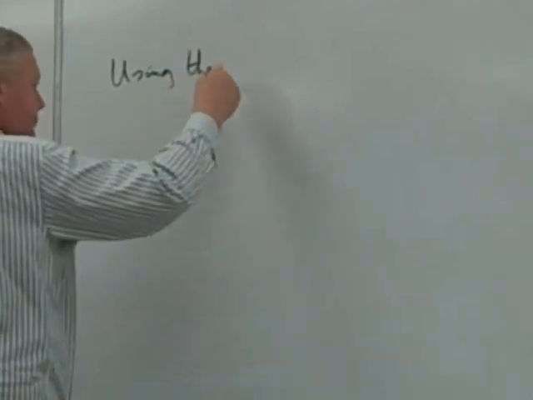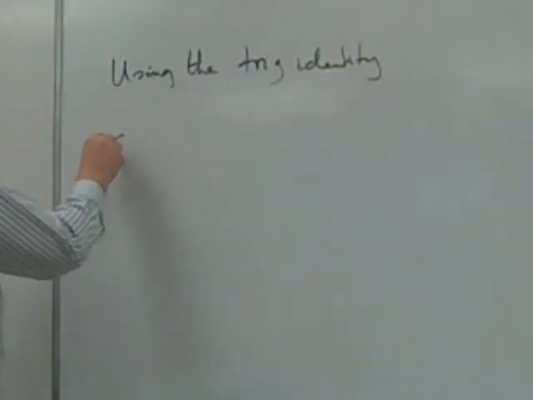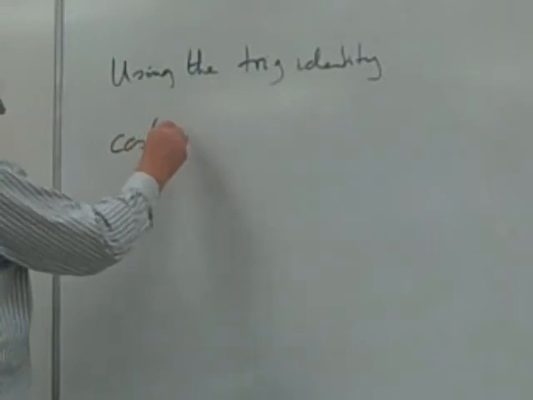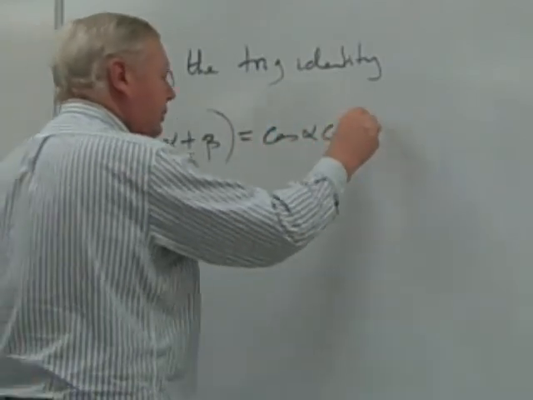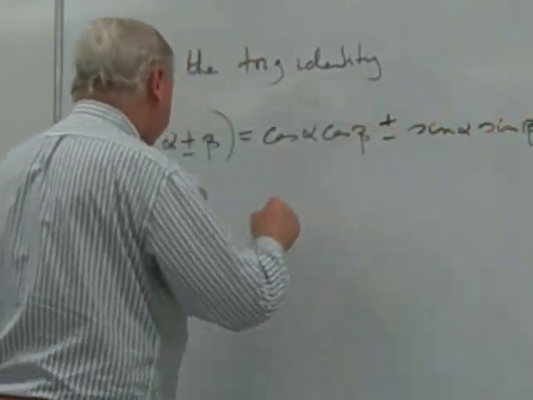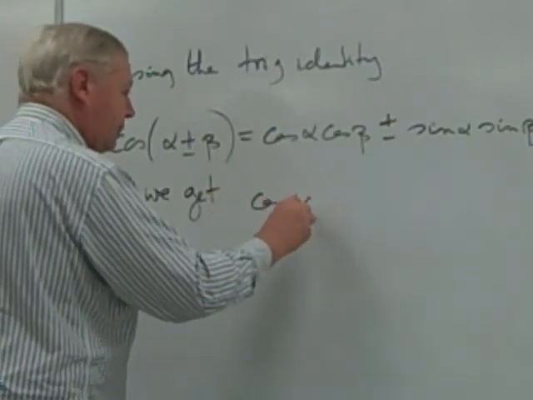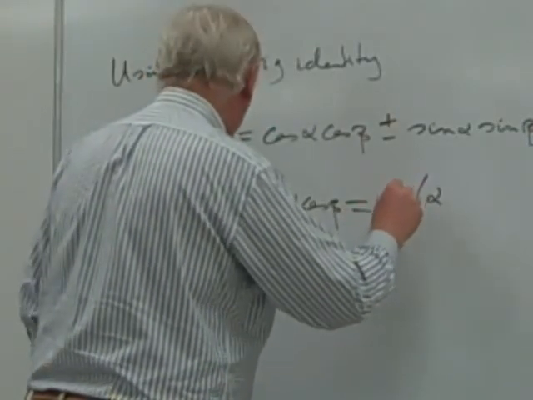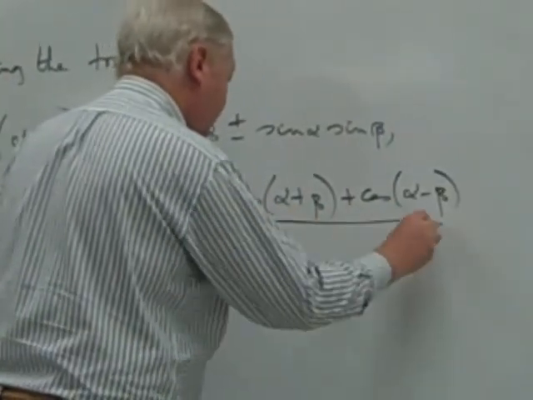So using the trig identity, cosine of alpha plus or minus beta is cosine alpha cosine beta minus or plus sine alpha sine beta, we get that cosine alpha cosine beta is equal to cosine of alpha plus beta plus cosine of alpha minus beta, divided by 2.